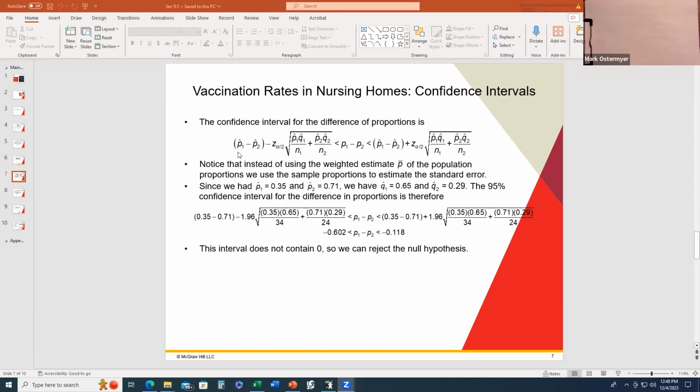Notice you have your difference between your sample proportions, plus or minus your margin of error. And your margin of error consists of your critical Z value, dependent upon your level of confidence, also your level of significance, times the standard error of the sampling distribution, which is the square root of the sample proportion and its complementary proportion, divided by its sample size, plus the same for the second sample.